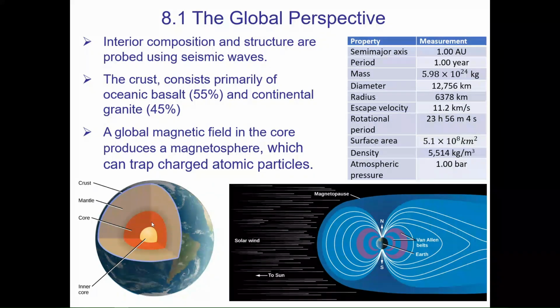And you can see, overall, the Earth has on the very top a crust. Right underneath the crust, we have the mantle. And close to the center, we have a two-part core: the outer core, which is marked by this red region, and the inner core. In terms of material, the crust consists primarily of oceanic basalt and continental granite.